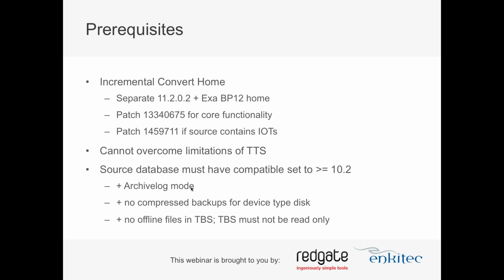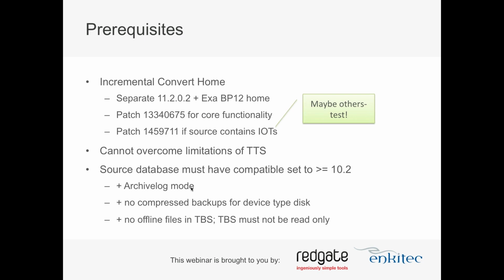In this, you install a few overlay patches, like the 13340675 for the core functionality of this. And if your source contains index-organized tables or IOTs, then you need to apply another patch. There may be others. Go back to the note and have a look if there are other patches that you have to install.